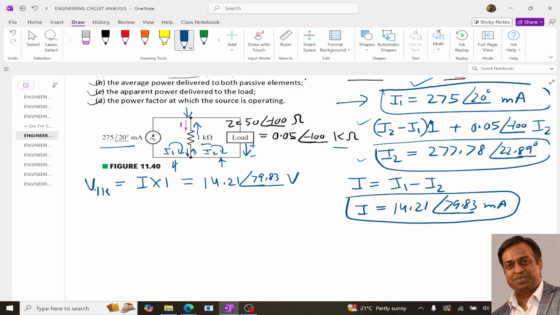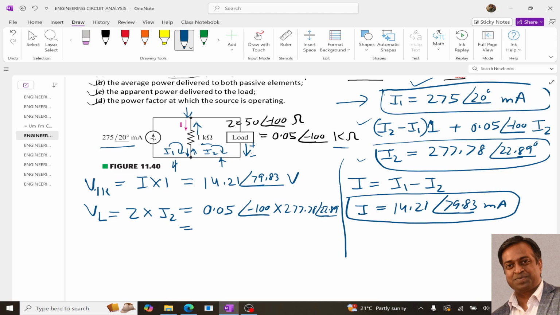Right, now similarly we can determine the voltage across the load. It is Z into I2, because the current flowing through the load is I2. So the load is 0.05 angle minus 100 into I2, where I2 is 277.78 angle 22.89.